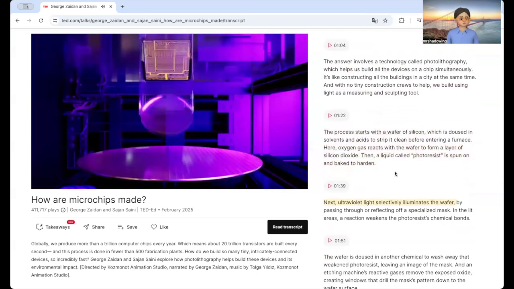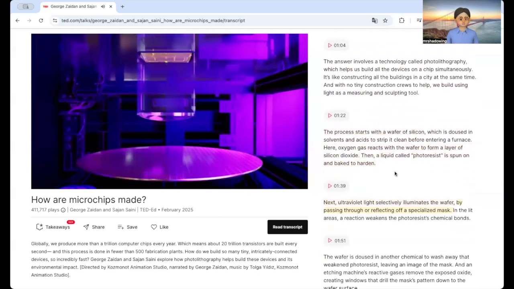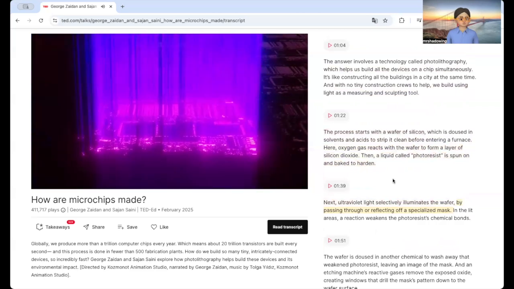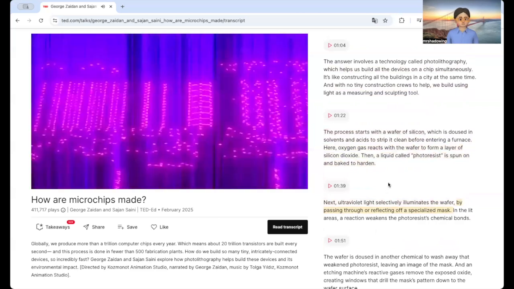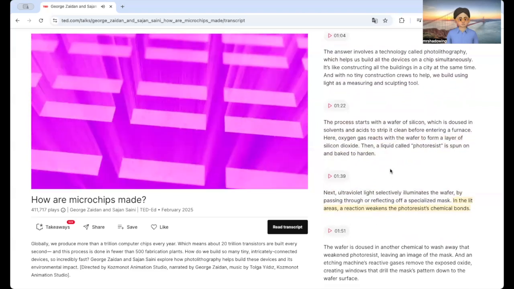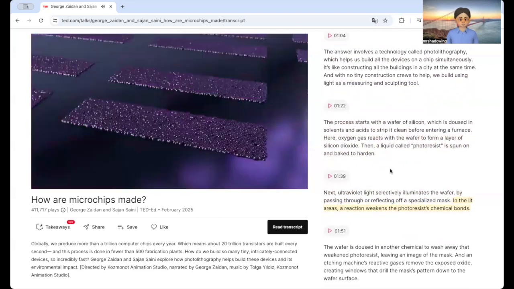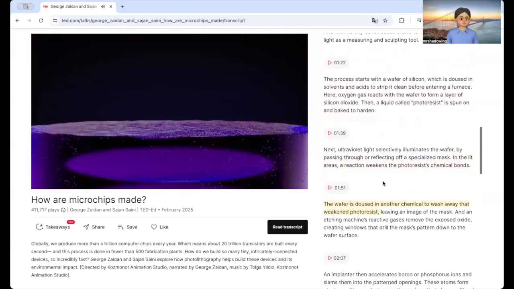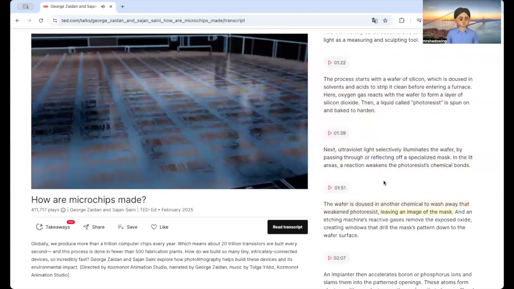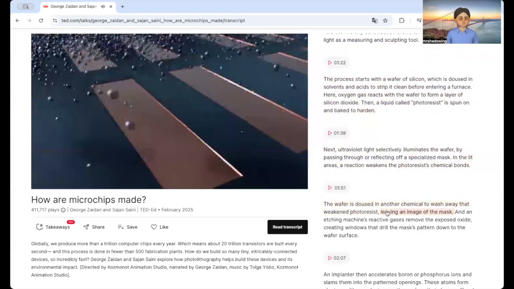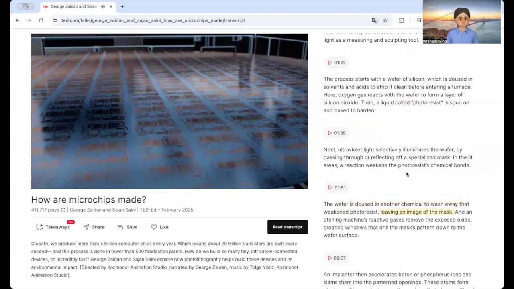Next, ultraviolet light illuminates the wafer by passing through or reflecting off a specialized mask. In the lit areas, a reaction weakens the photoresist chemical bonds. The wafer is exposed to another chemical to wash away that weakened photoresist, leaving an image of the mask.